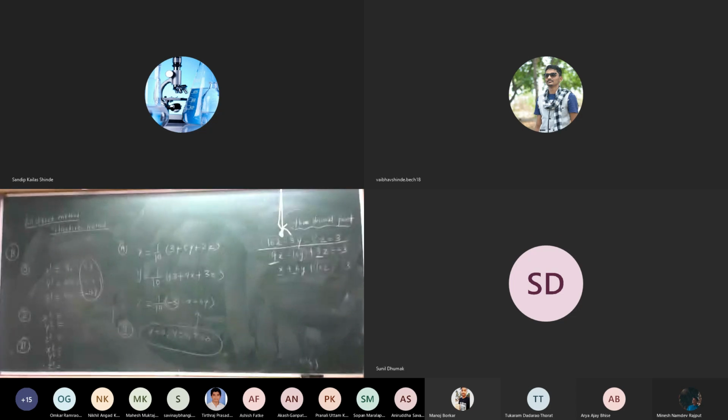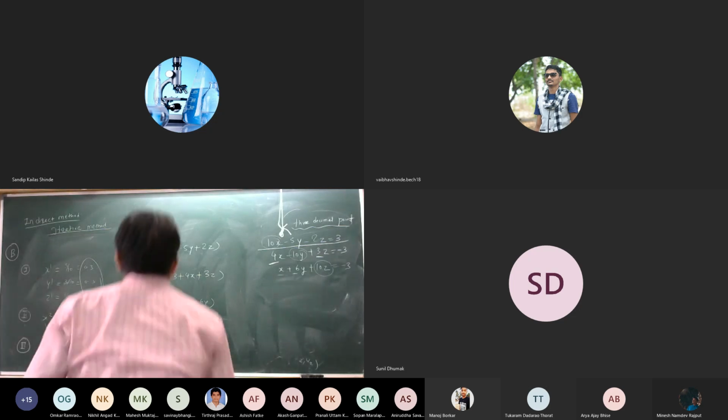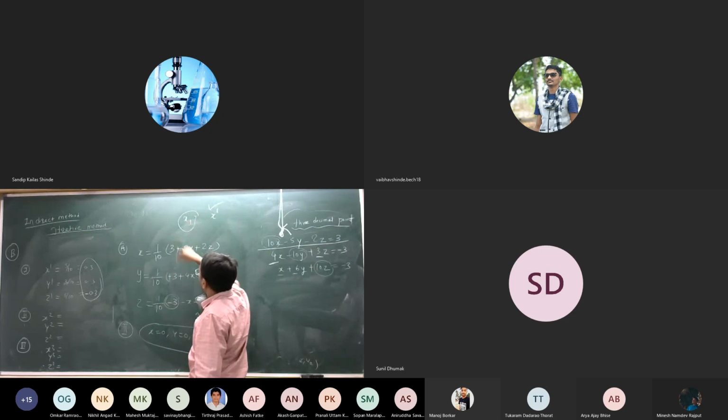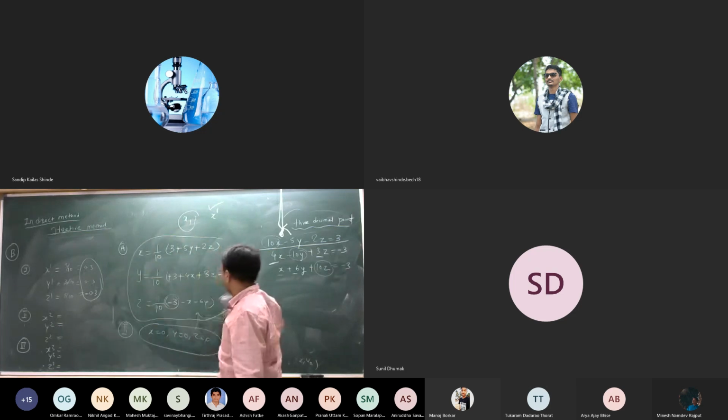You can take x1 at the top position, or x2, you can consider it this way also, either this way or this way. It would be better because you should not be confused with this particular formula.